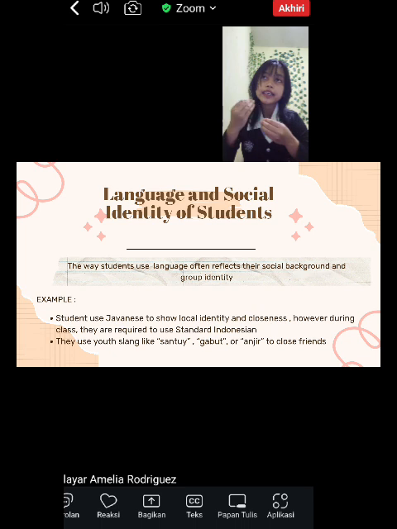This can reflect where they come from. In school, students use language to express who they are, where they come from, and how they relate to others, how close they are to the person they are speaking with.